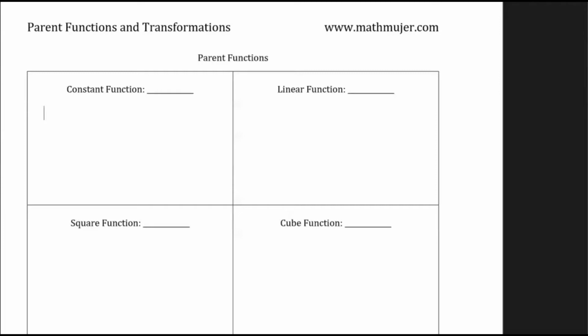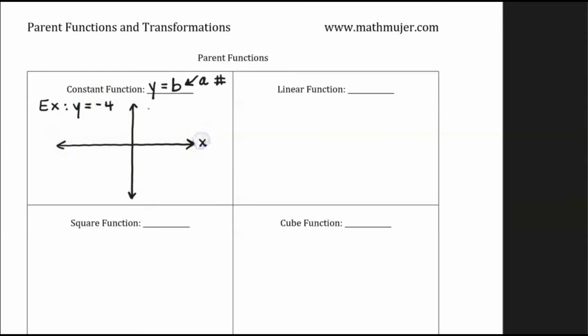So the first function that I have here is the constant function, which has the form y is equal to b. You may use c or k. It is not really important what letter you use for y to be equal to, but this b just represents a number, any number. So for example, if that number were -4, the graph of that function would be a horizontal line that hits the y-axis at -4.